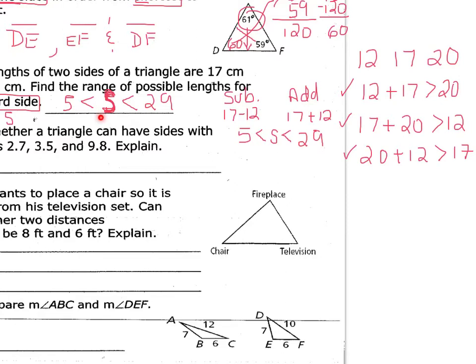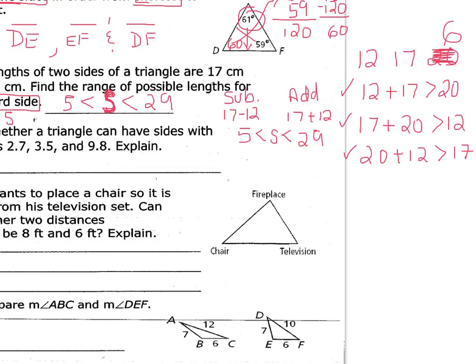But what you're substituting here is the third number, the 6. So it would be true: 12 plus 6 is 18, that's more than 17. 17 plus 6 is 23, more than 12. Everything works. So that's a way to check on the range. Any more questions about the range?